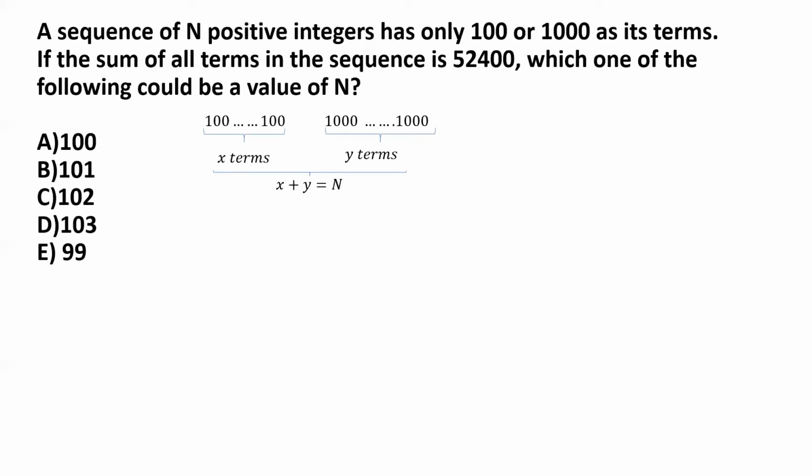So the question is now, what's the sum of all of these terms taken together? Well, the terms that are 100, and there are x of those, will add up to 100 times x, right? And similarly, for the terms that are 1000, there are y of them, and their sum would add up to 1000 times y.